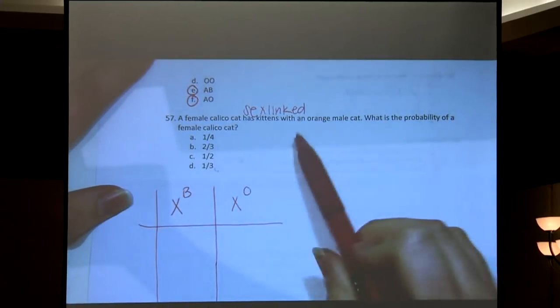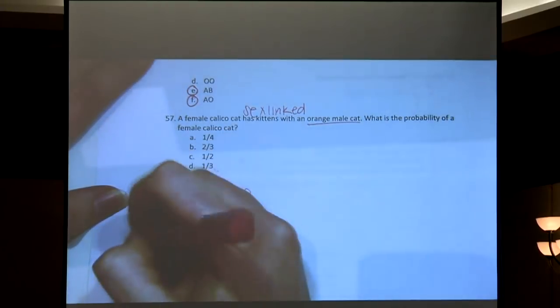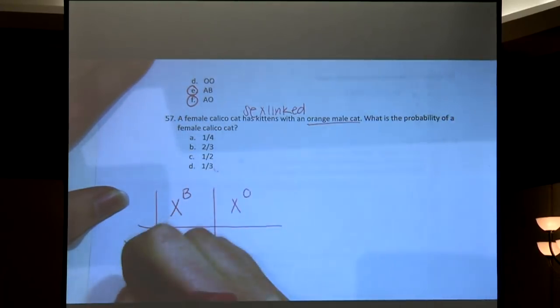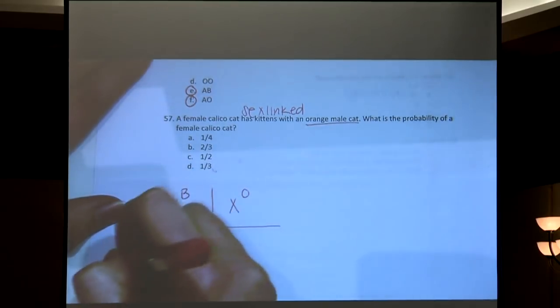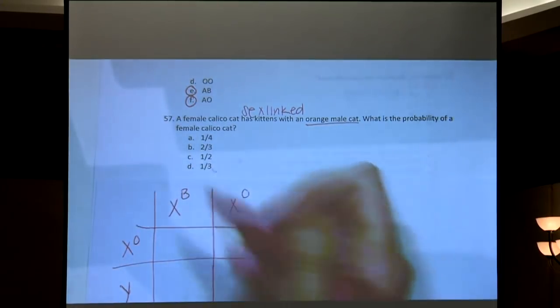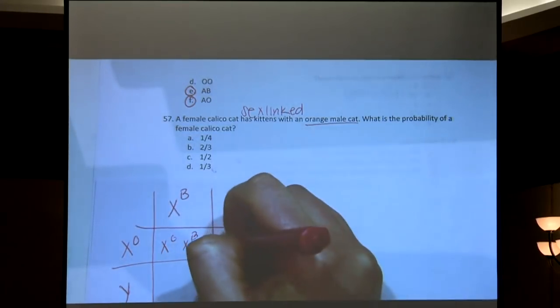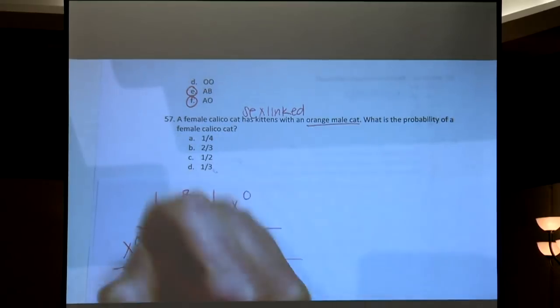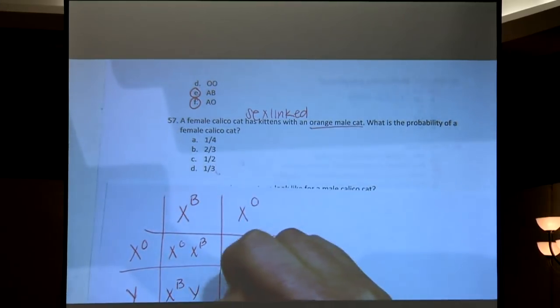If she mated with an orange male cat, that means the male has to have an O presence, and since he's male, he'll have to have a Y presence. If we cross these, we get XOXB, XOXO, XBY and XOY.